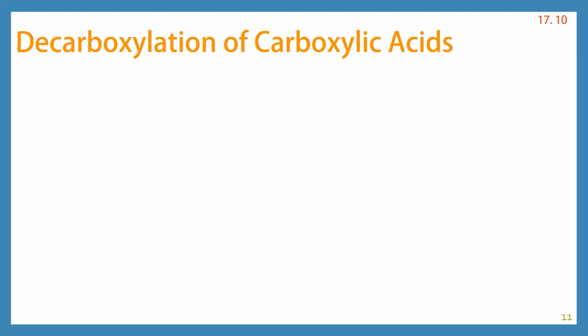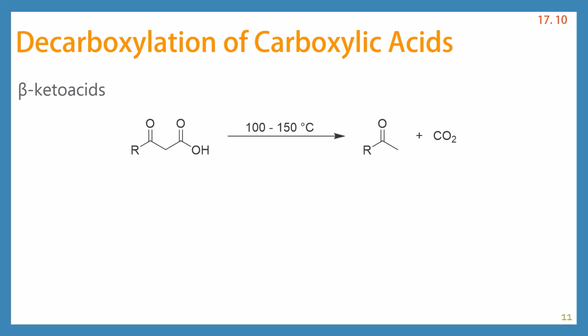So we can also see decarboxylation of carboxylic acids, but it has to be a specific type. It has to be a beta keto acid. So a beta keto acid is a carboxylic acid that also has a carbonyl in the beta position. That could be a ketone or an aldehyde, or later we're going to see it could be a couple other carbonyl containing functional groups.